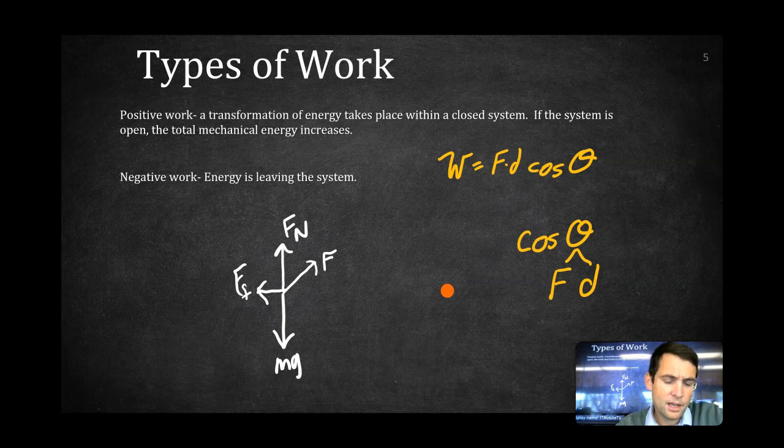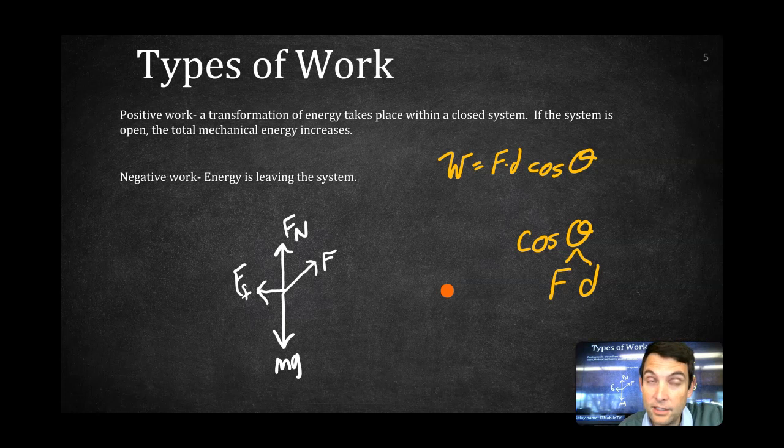So this object is sliding to the right because friction opposes sliding, which means that we're probably on a horizontal surface. If we're on a horizontal surface, then the normal force is directly up. Normal means perpendicular. So the angle between the normal force and the displacement, which is to the right, is 90 degrees.